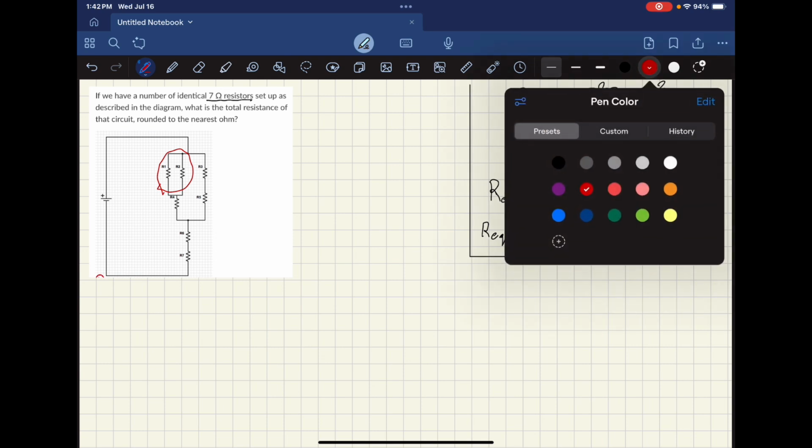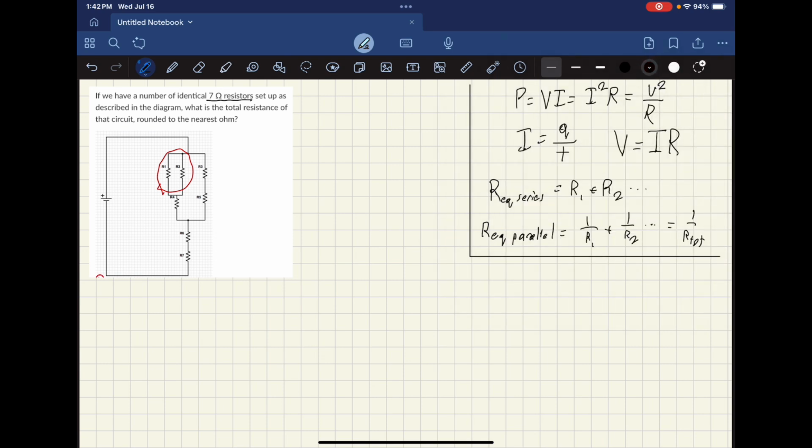So using the equation for equivalent resistance, this is parallel. We have 1 over R1 plus 1 over R2. So I'm just going to use 1 over R, and because we know that they're all equal, all of my things I'm just going to refer to as R. So we have 1 over R plus 1 over R equals 1 over R total.